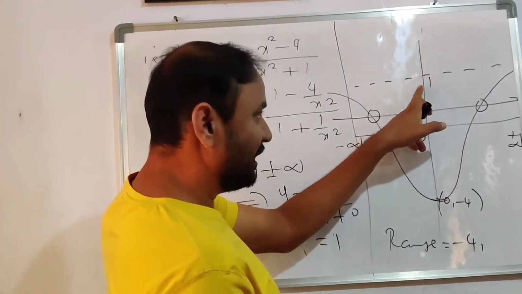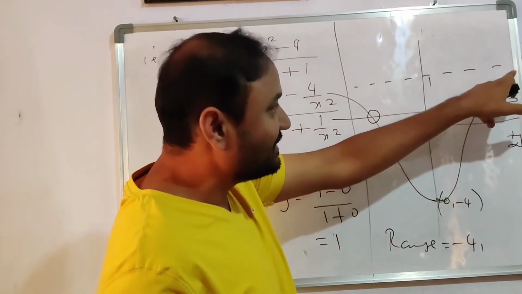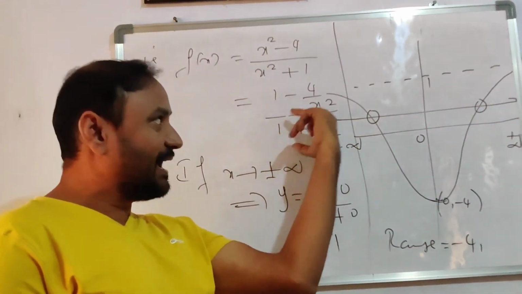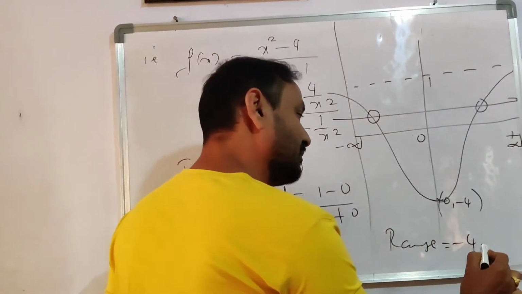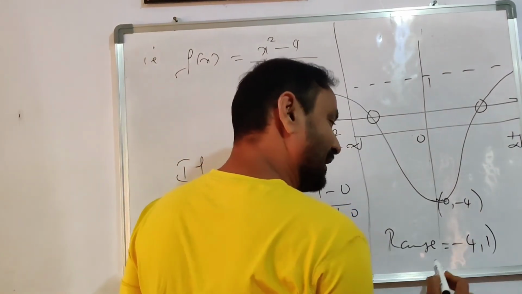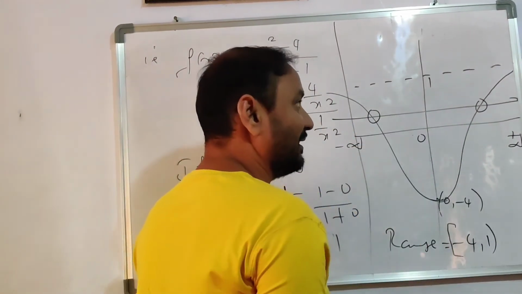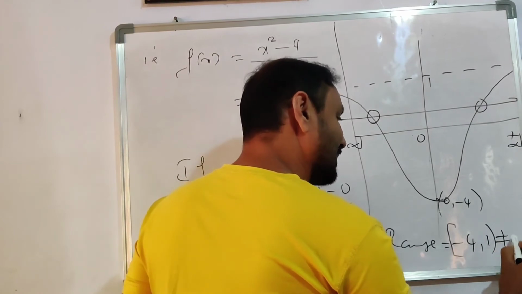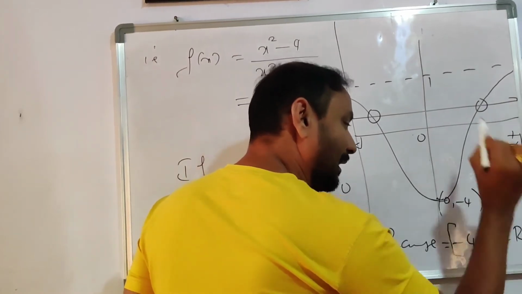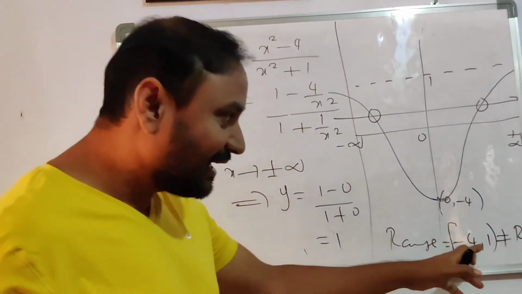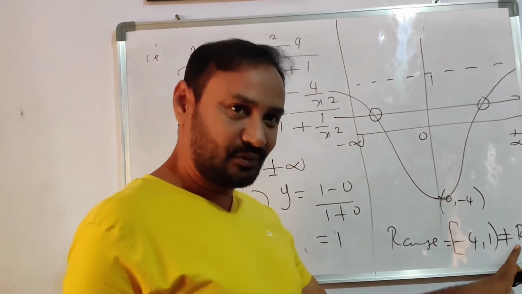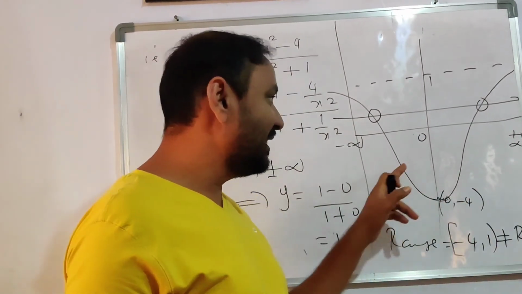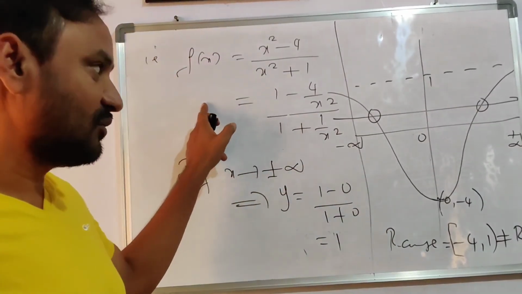Maximum value is when x tends to infinity reaching to 1, when x tends to minus infinity again reaching to 1. That means the maximum value is below 1. Here this is the closed interval. So this is not equal to the codomain. Codomain is R, given. So that's why it is not onto, and not 1-1 also.